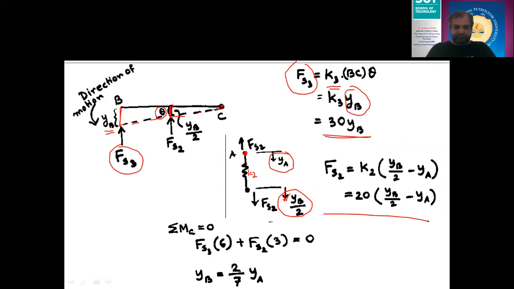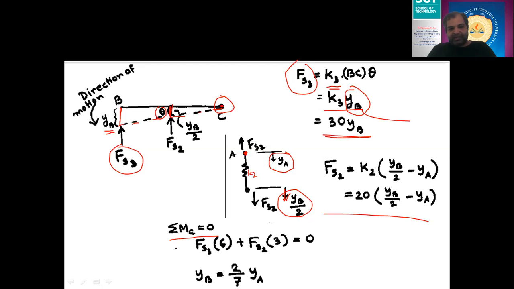Now, the third thing I need to take is, if I consider the zone in equilibrium, I can take the moment at point C as per the D'Alembert principle. Then sigma MC is equal to 0.